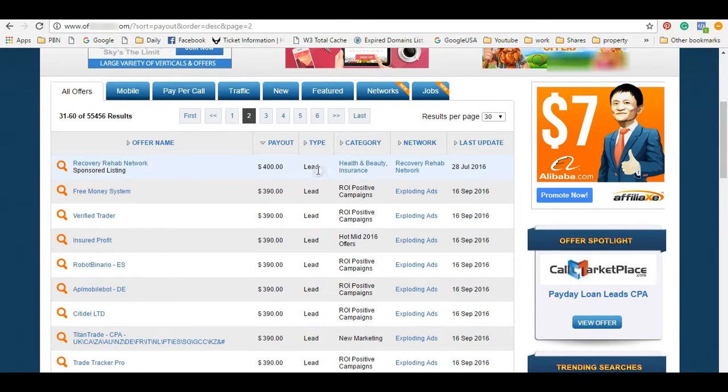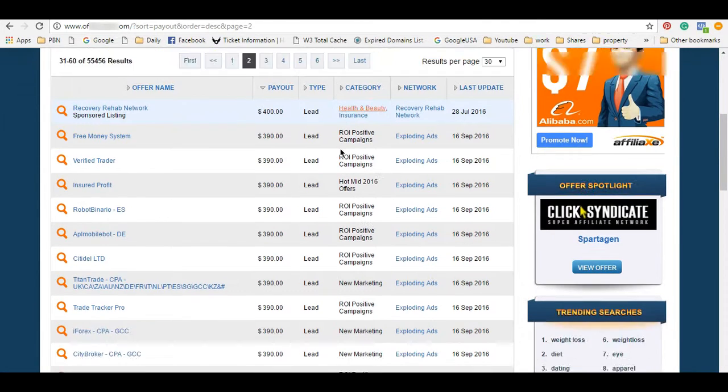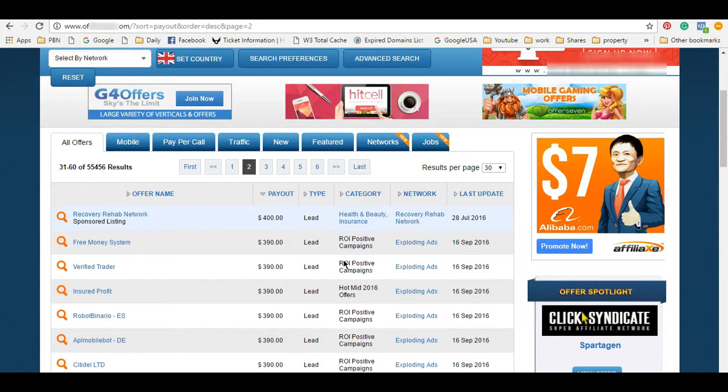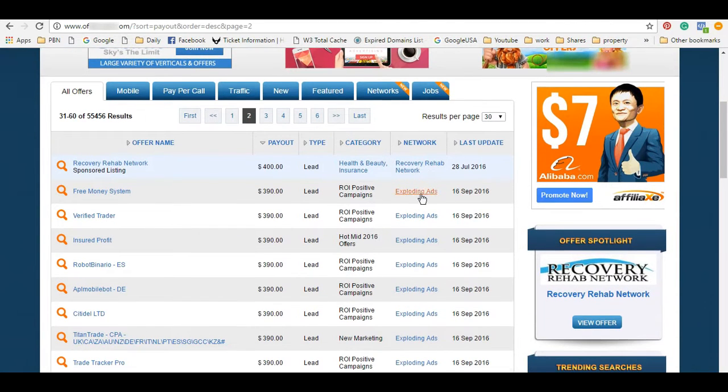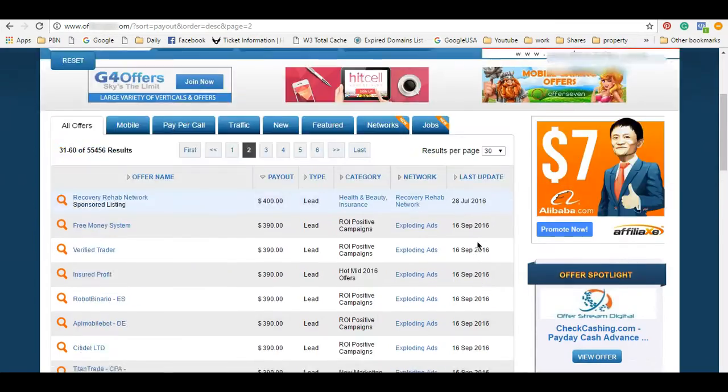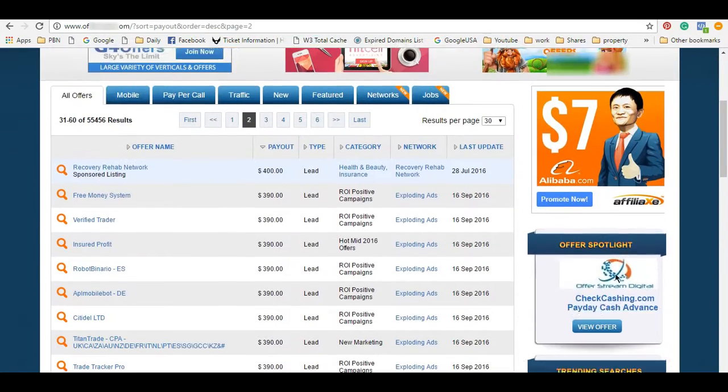So if I was making money on the lead, which generally I don't do, again this is something I need to dig into. This is kind of wide open really at the moment. I generally do it per sale, but if you can do it per lead, or per action should I say, then you're going to make a lot of money if you're getting that sort of traffic.